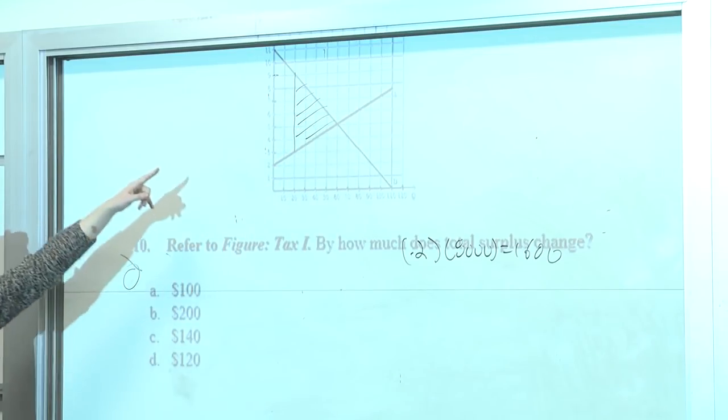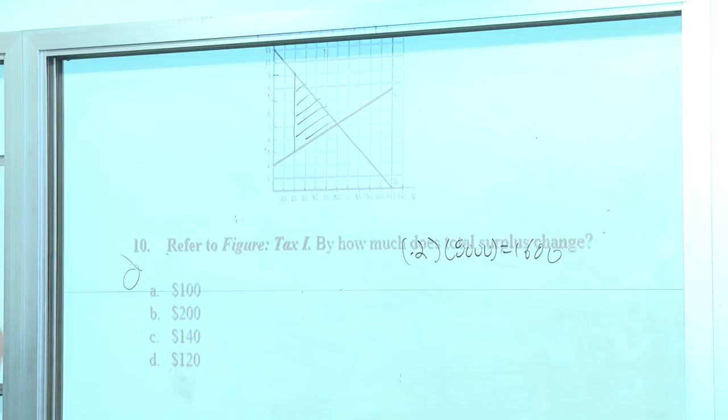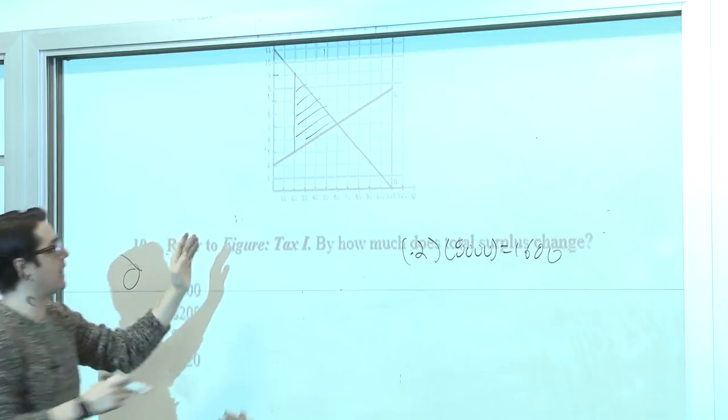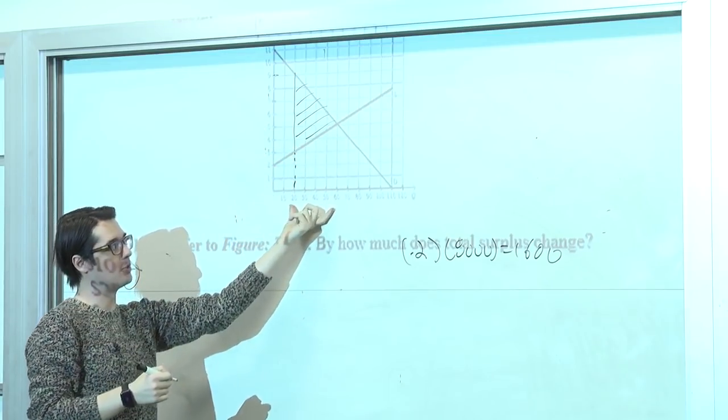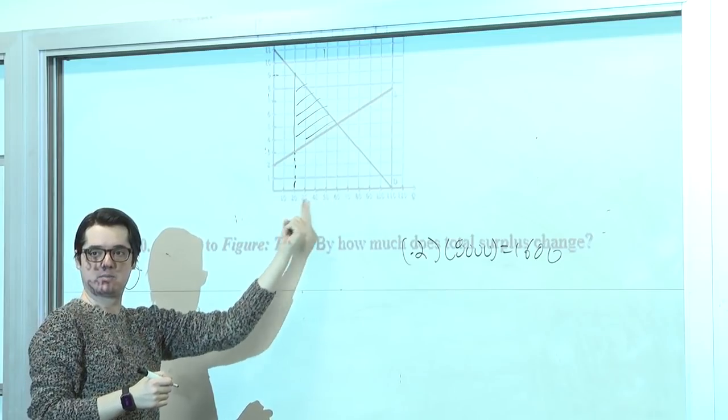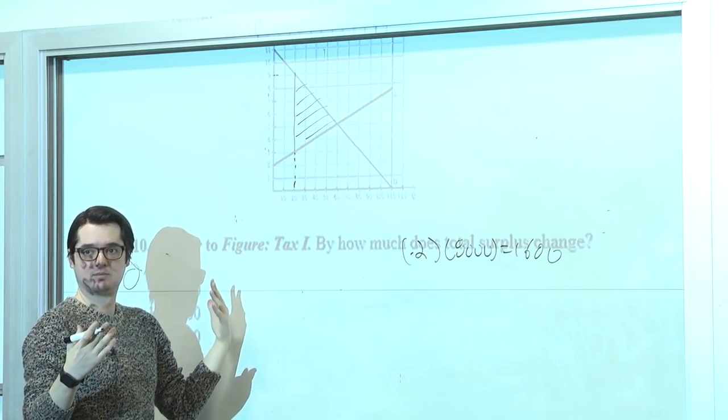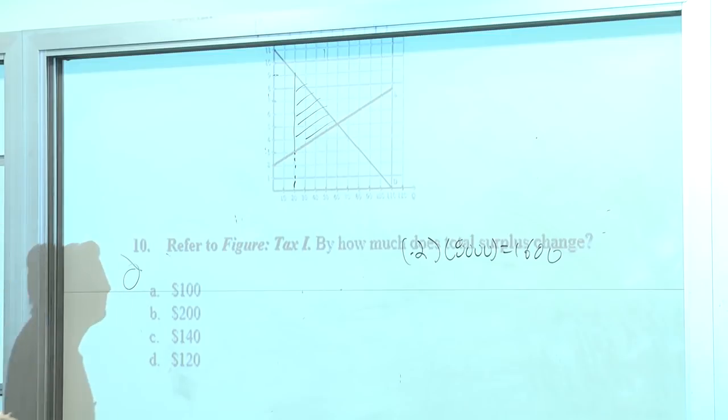So if you just find the area of that triangle there, that is the change in surplus from this tax. Because if this is a tax, this is all we consume. We consume 20. So the surplus we got from that additional 40 items, we don't get anymore. So the area of that is going to be your deadweight loss. I believe it's 120.